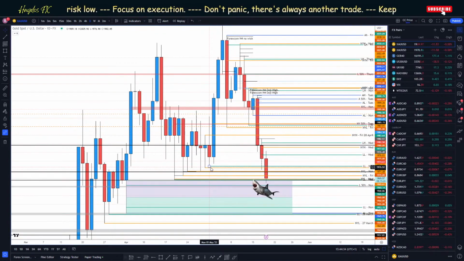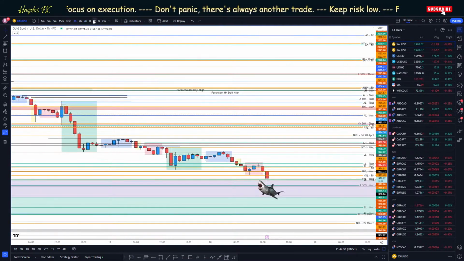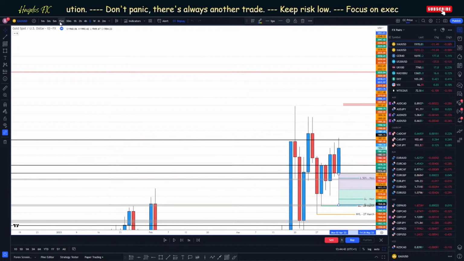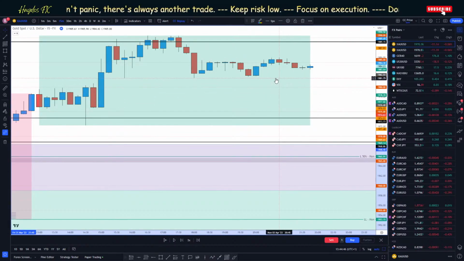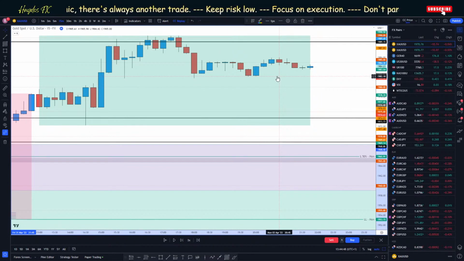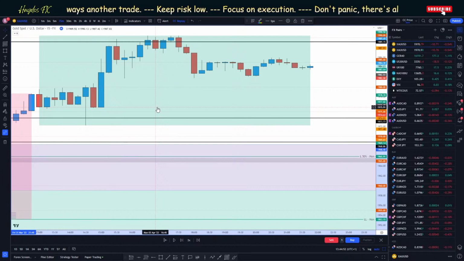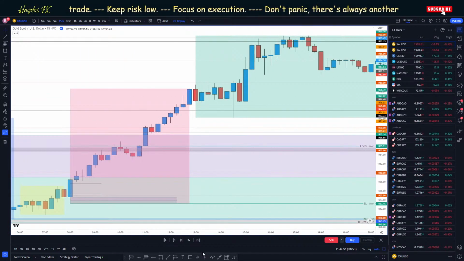So all of these have been, I'll leave them in here. Let's have a look and investigate this area to the left. Let's see if we even stopped at this area.